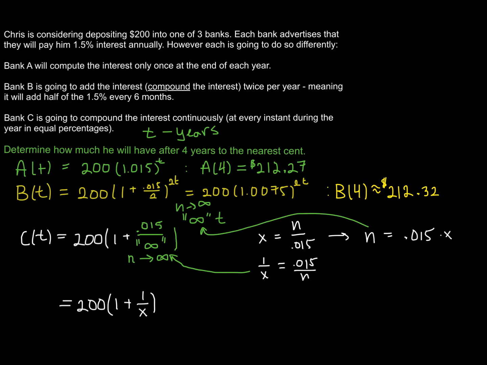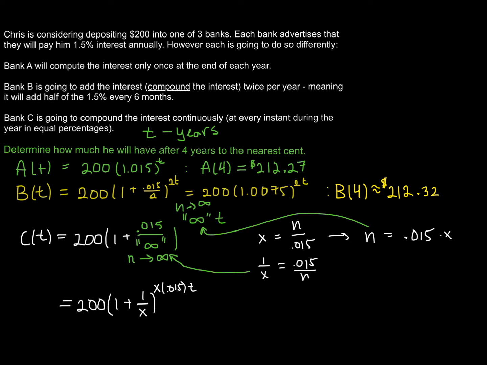Now we want to rewrite the exponent in terms of our new variable x as well, and since we have this n that's approaching infinity here times t, well, n is the same as 0.015 times x. And I'm going to write it as x times 0.015 times t, our variable t.